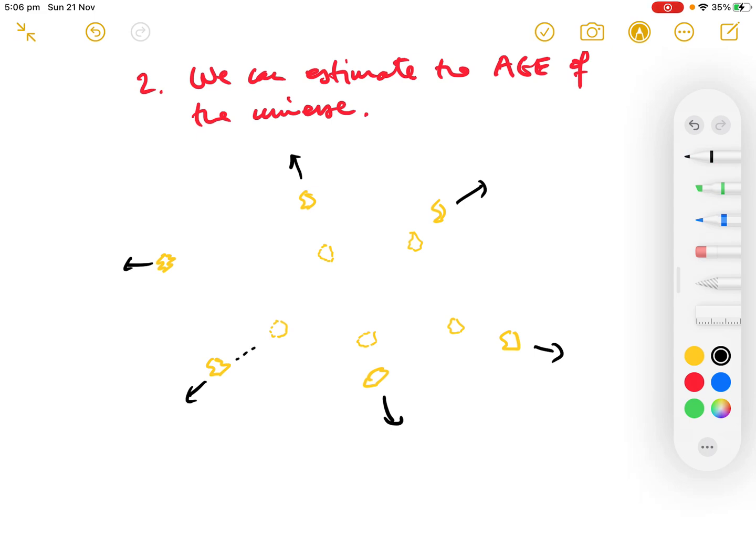So basically, going back in time, along these dotted lines, the galaxies are all closer together than they were before. Now, if we keep pushing that process to its logical conclusion, then if we go back far enough in time, there will come a point where all of the galaxies would basically have been in the same position.